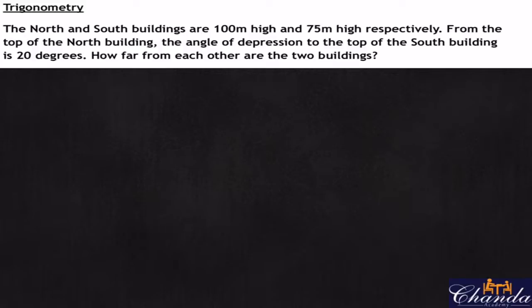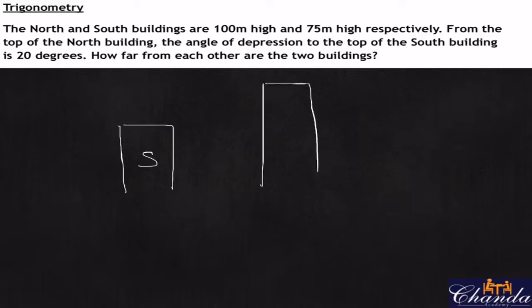So we have the south building, which is the small one here. We'll call that S. And we have the north building there. Now the north building, as it says, is 100 meters high. So that whole thing is 100 meters. While the south building is, I believe, 75 meters high.